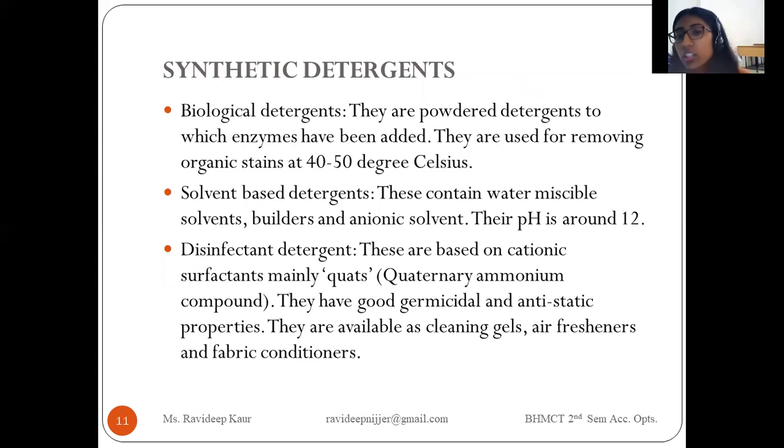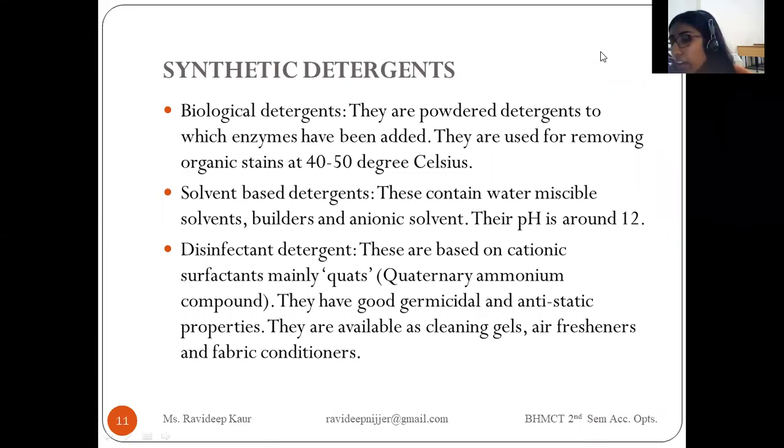The next type of synthetic detergent we have here is biological detergent. They are powder detergents to which enzymes have been added. They are used for removing organic stains at 40 to 50 degrees Celsius.